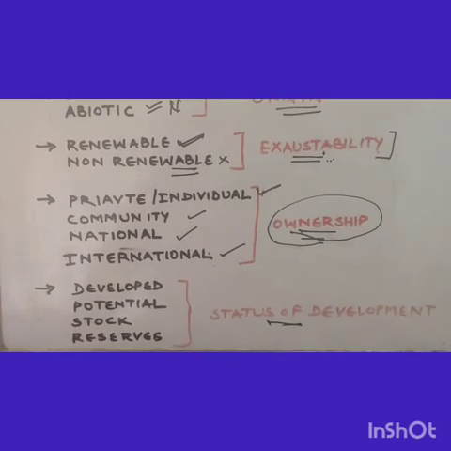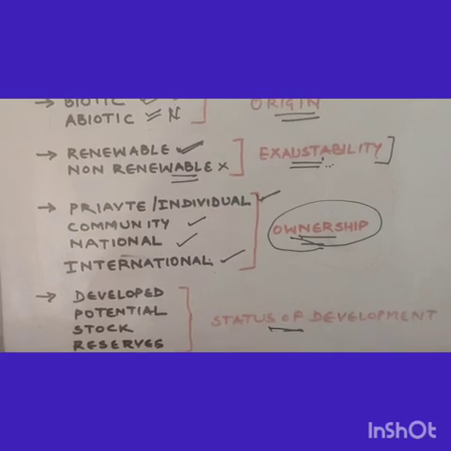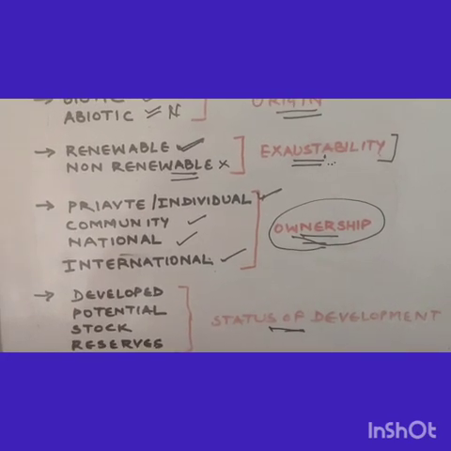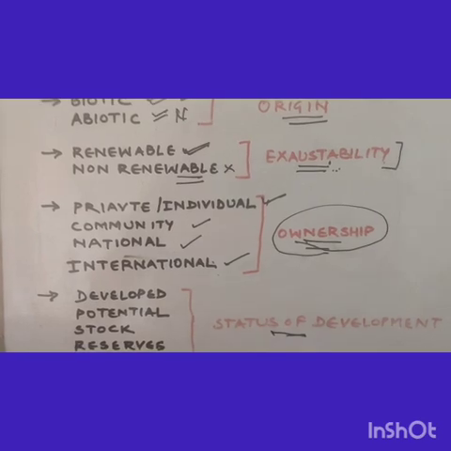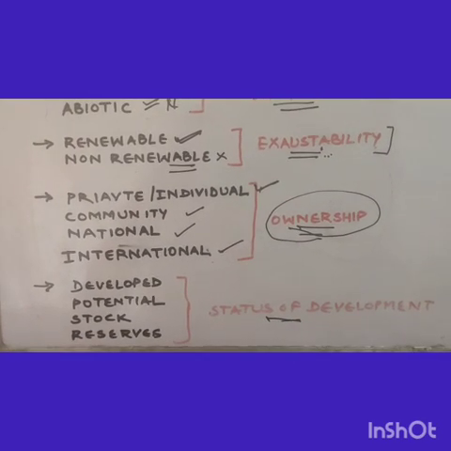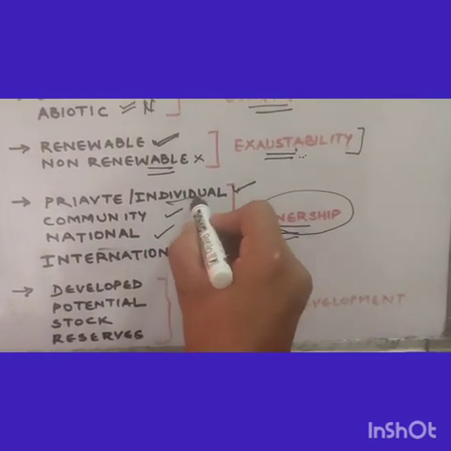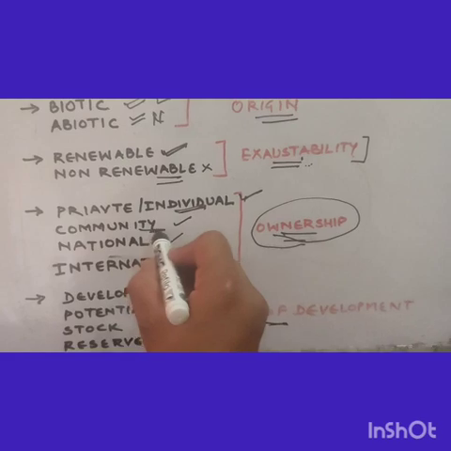In the community, the ownership is under the community or a group of people, like a pasture land or a common well of village people.